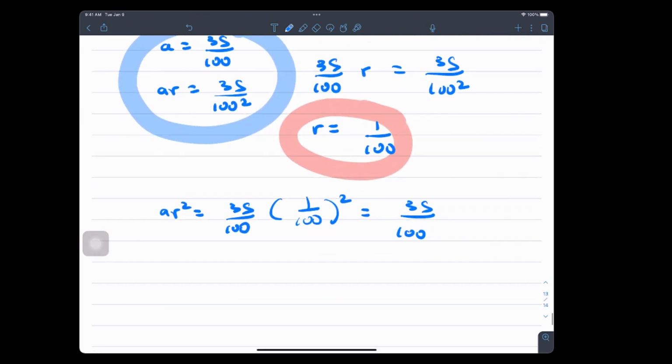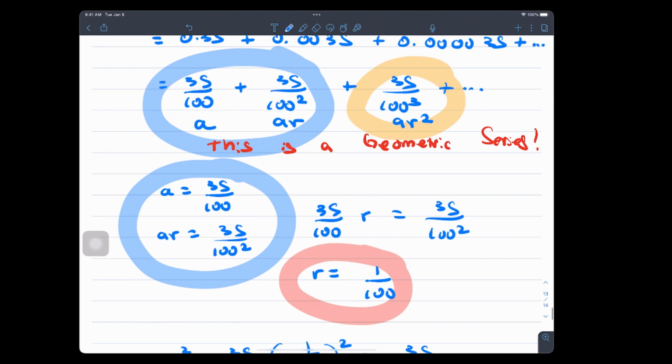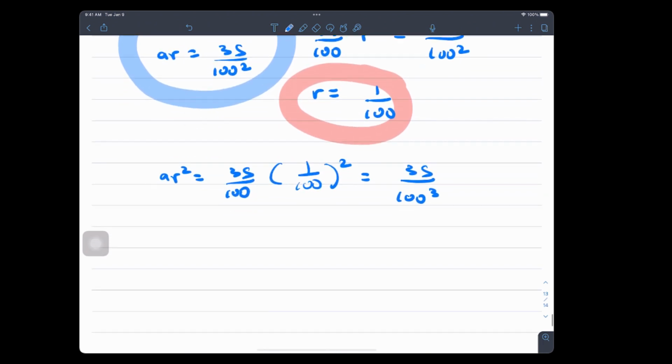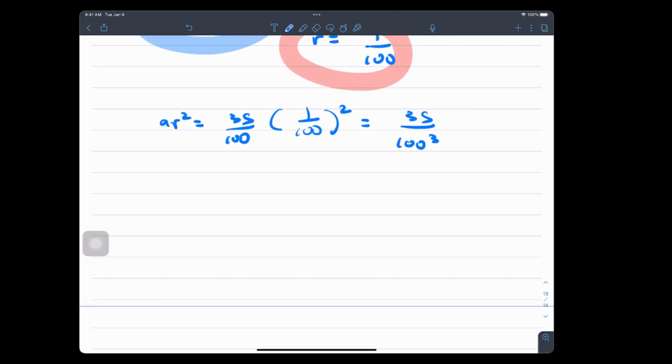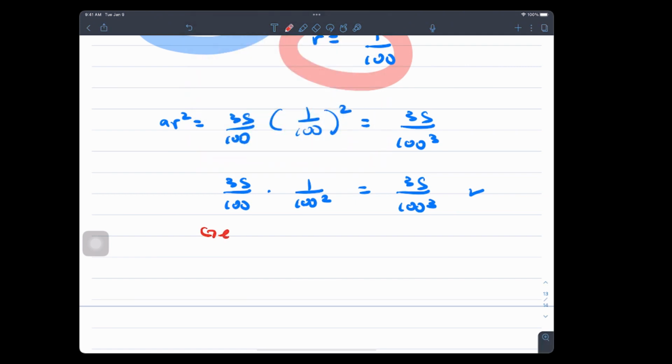Third power. Is that right? You guys see what I say? So this is 35 over 100 times 1 over 100 to the second power. And sure enough, doesn't that equal 35 over 100 to the third power? So, ladies and gentlemen, this is in fact what? This is a geometric series.